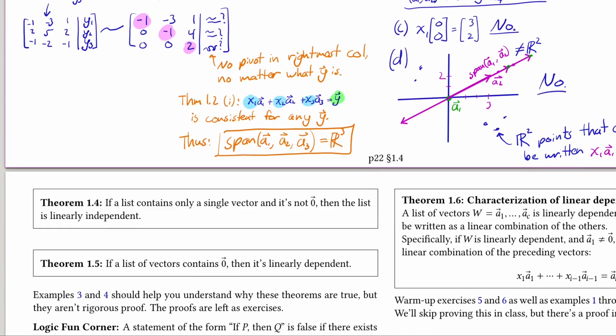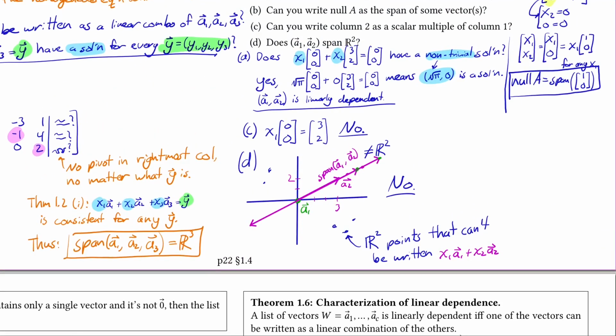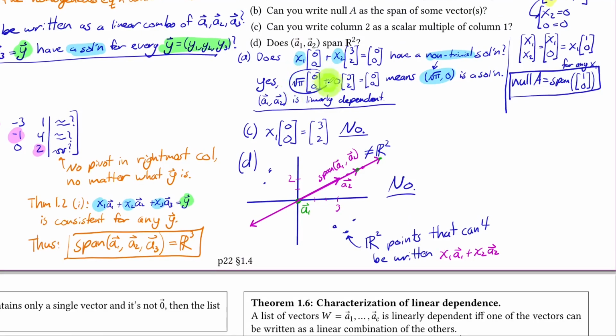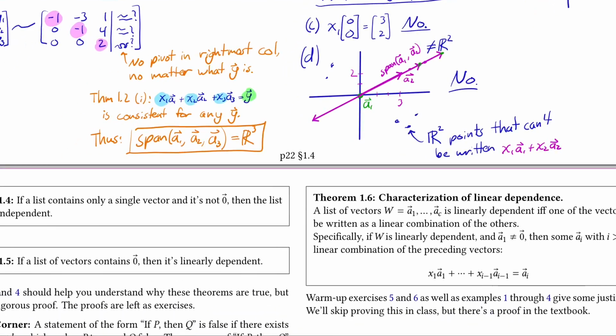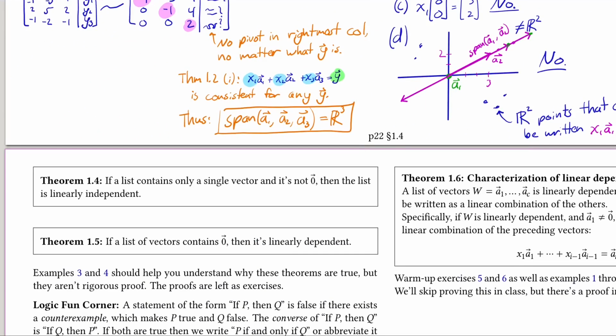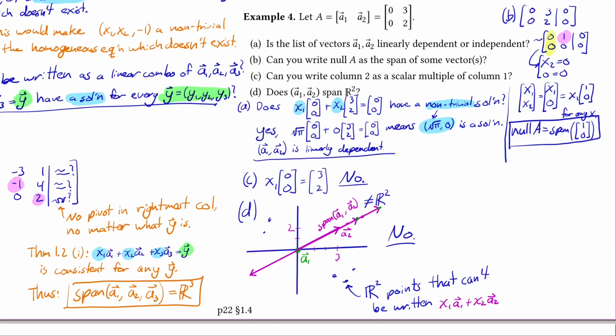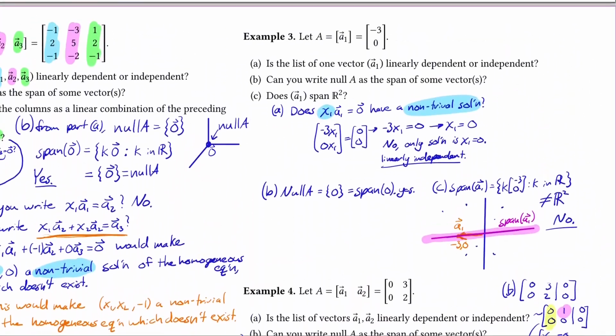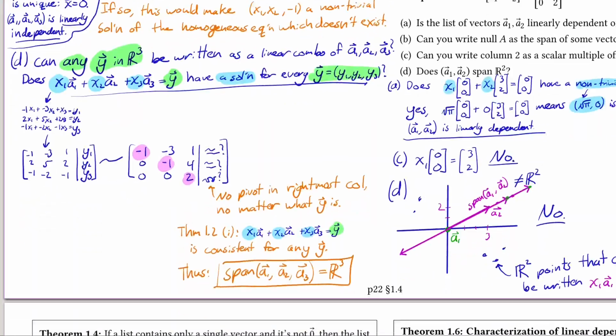Like if you have a list of vectors that contains the 0 vector, then that is automatically going to be linearly dependent, because we basically saw that you can multiply that 0 vector by any non-zero number you want and get a non-trivial solution to the homogeneous equation. And theorem 1.4, we already talked about how example 3 kind of illustrates why that is true.